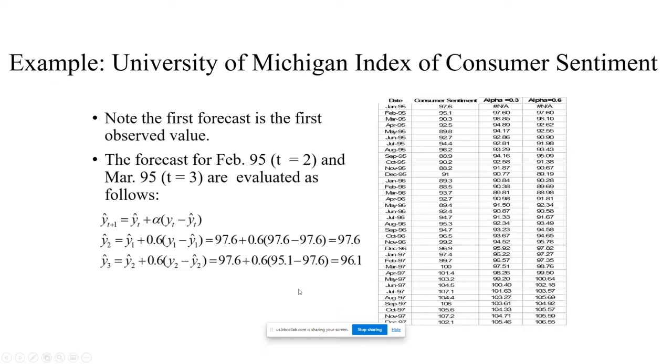So for period number 3, that's going to be equal to 97.6 plus 0.6 times 95.1 minus 95.6, and that gives us a forecast in period 3 of 96.1. So you can see the equations on how the 97.6 and the 96.1 were calculated.